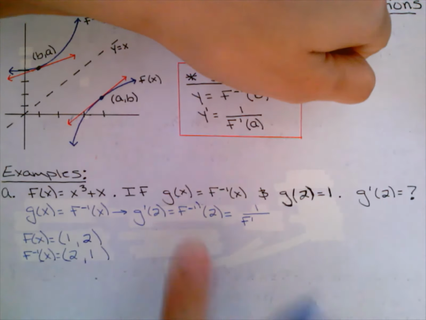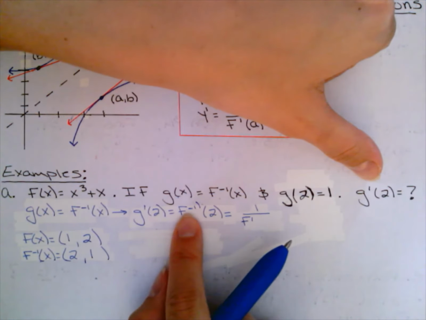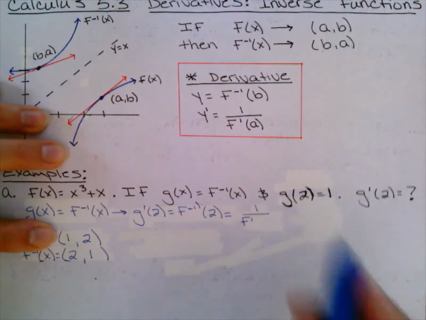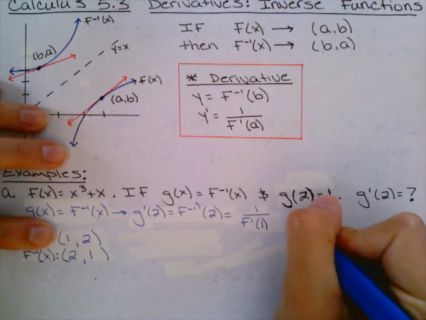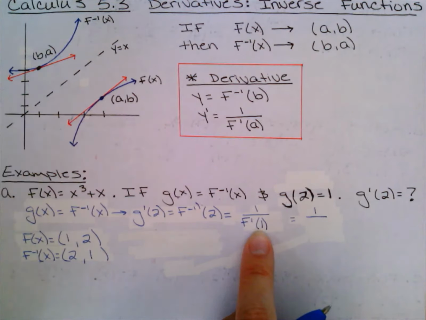Okay? So back to the formula, if g prime of 2, which is the inverse prime at 2, is 1 over f prime at its x value, it's f prime at 1. Okay, so my answer is going to be 1 over whatever the derivative of f at 1 is.